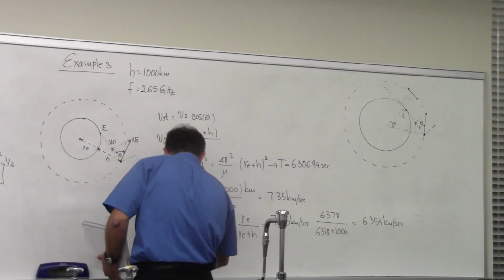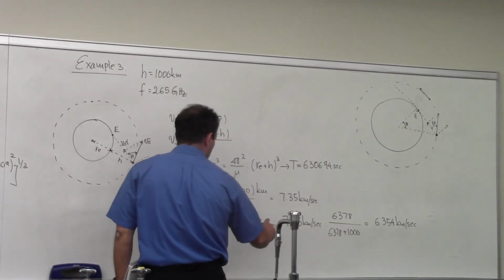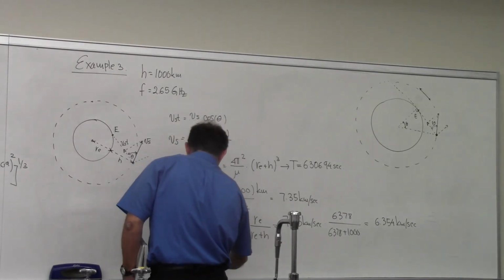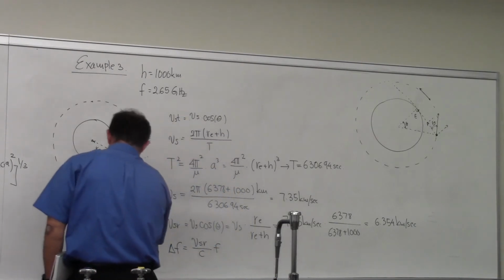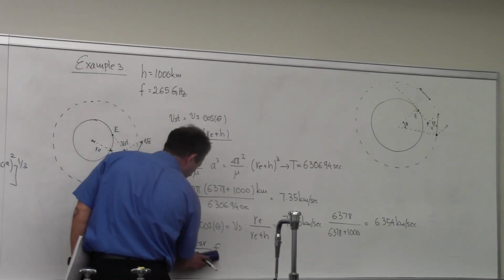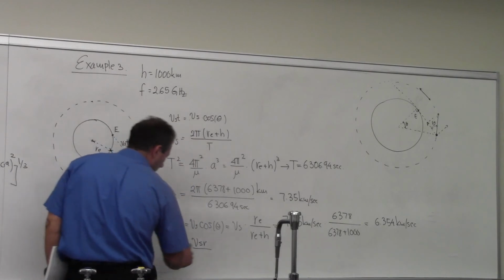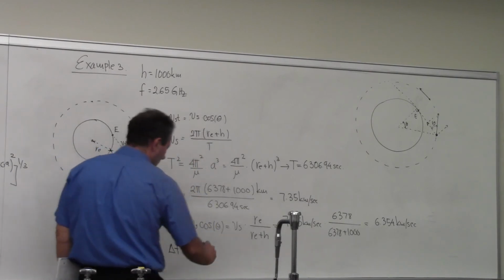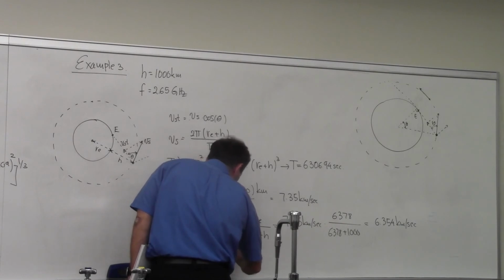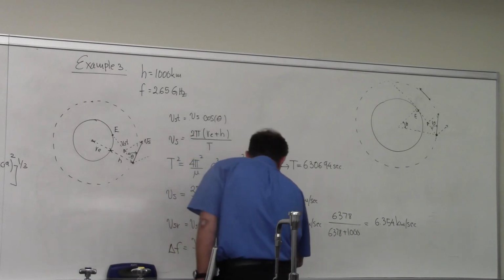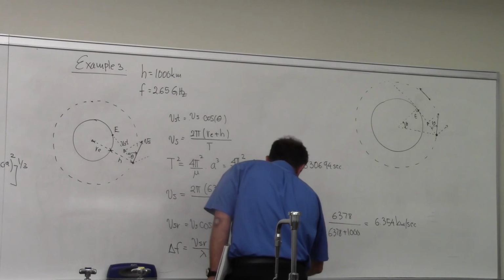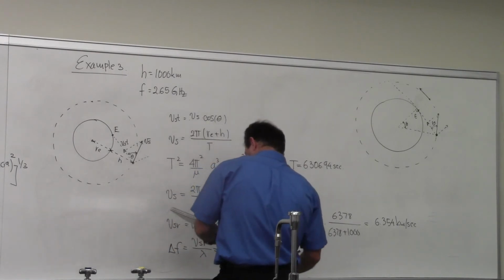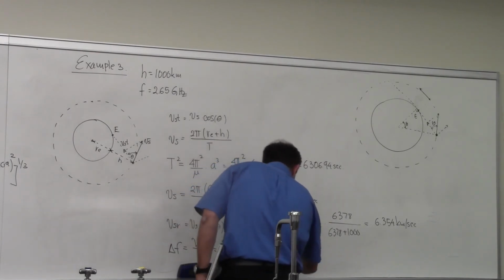So now your delta F is calculated as V_SR divided by lambda, right? Where lambda can be expressed as C over F, so this becomes V_SR over C times F. And in this case, V_SR is 6.854 kilometers per second.